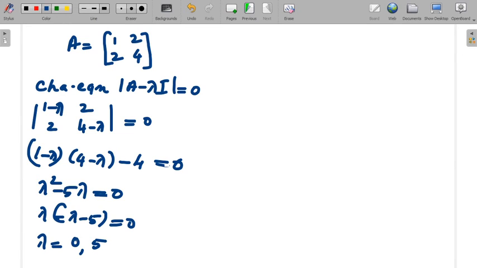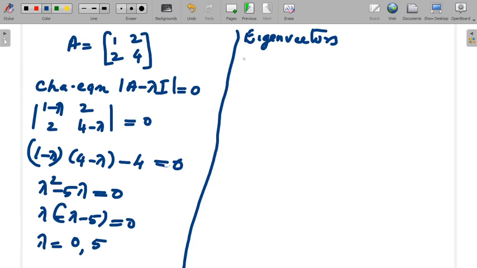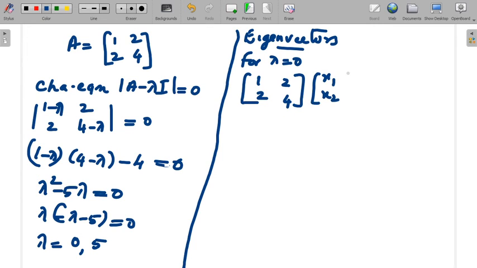So 0 can be an eigenvalue, and obviously if 0 is an eigenvalue, determinant A will be equal to 0, because we find the eigenvalues such that determinant A minus lambda I is equal to 0. So if lambda happens to be 0, that means determinant A is 0. So we can find the eigenvector for lambda equal to 0. Substituting lambda as 0, we get 1, 2, 2, 4 into x1, x2 equal to 0, 0.